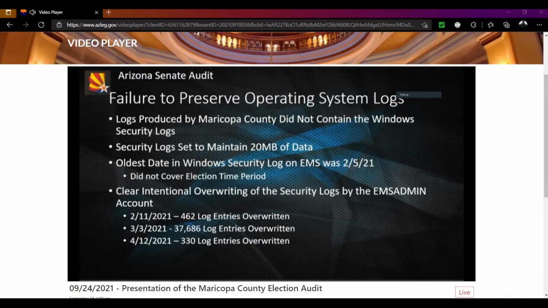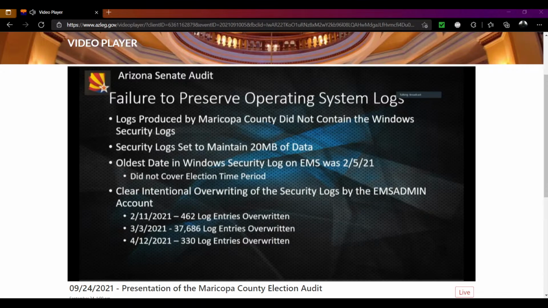And let me explain how the log entries work a little bit. So on the EMS, there's a user-defined setting that you can define how much quantity of logs are retained before they get overwritten. In this particular case, the EMS security log setting was set to 20 megabytes of data.